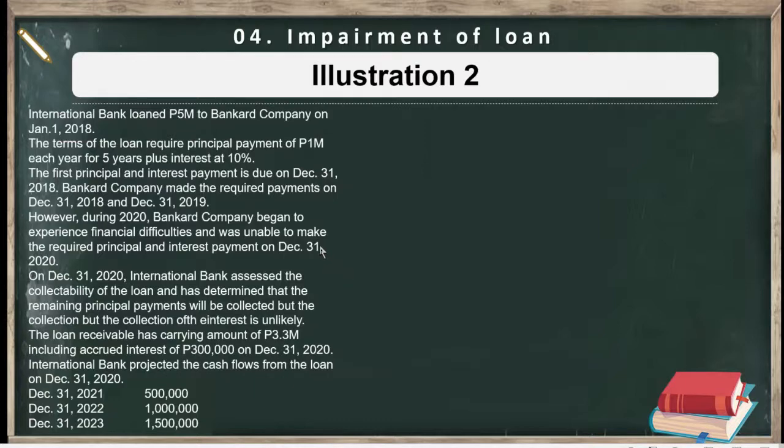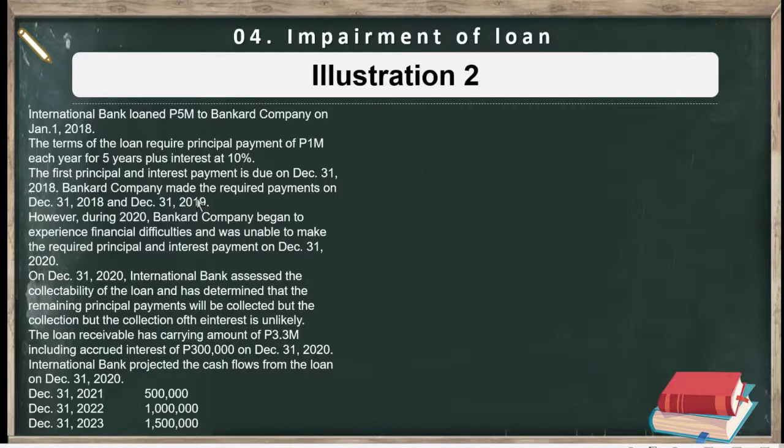That's International Bank. International Bank loaned 5 million to Bank Card Company on January 1, 2018. The terms of the loan require principal payment of 1 million each year for 5 years plus 10% interest. The first principal and interest payment is due on December 31, 2018.